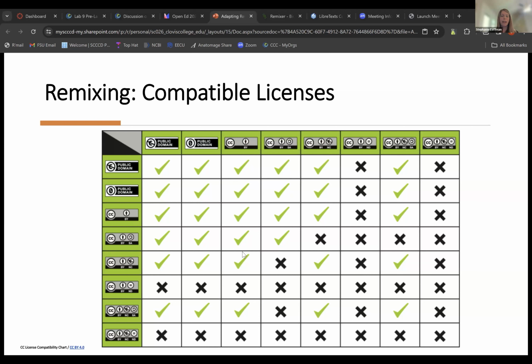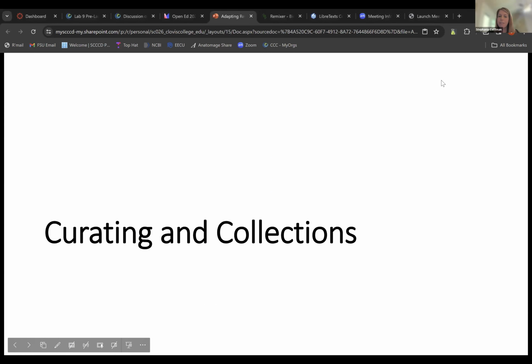But then as we start adding more elements, it's going to be compatible with less and less things. So if you have a share-alike license, it's only going to be compatible with things less restrictive than that. So as we move across, there'll be less and less green boxes, less and less compatibility. All right, do you guys have any questions so far?